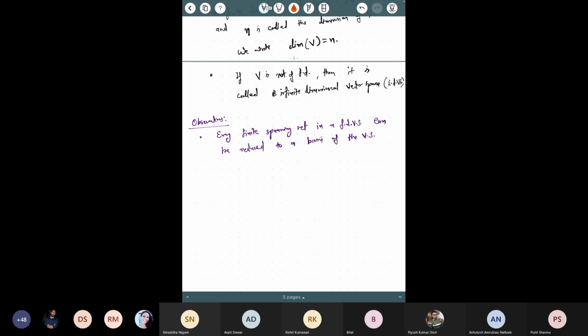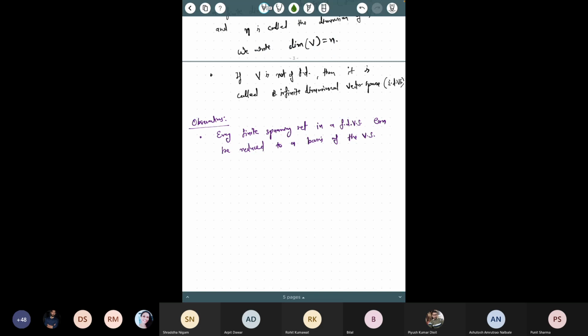So, but what else can we use? We can say that, suppose we have a spanning set. So what would be the infinite dimension analog of this? We can say that every spanning set in a vector space can be reduced to a basis in the following sense.